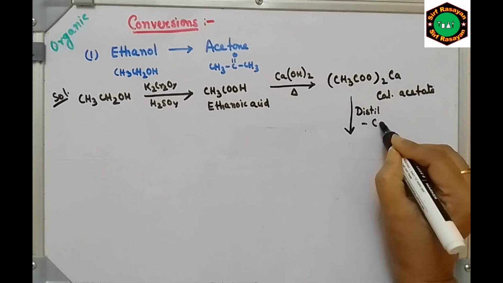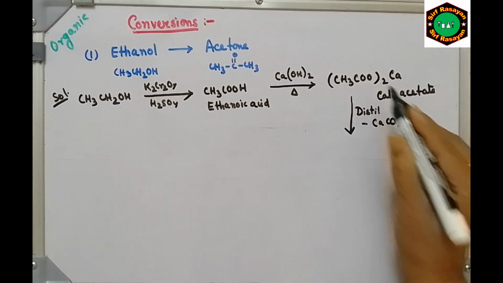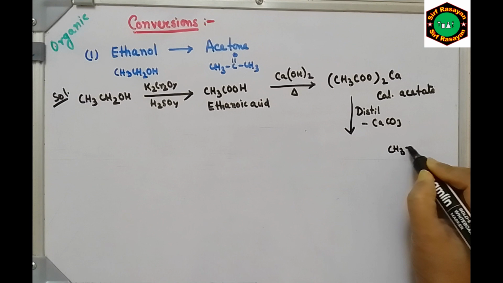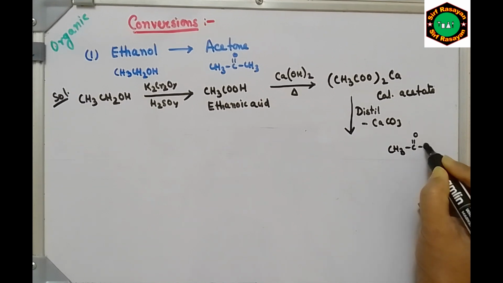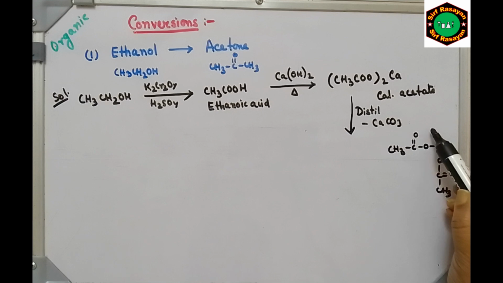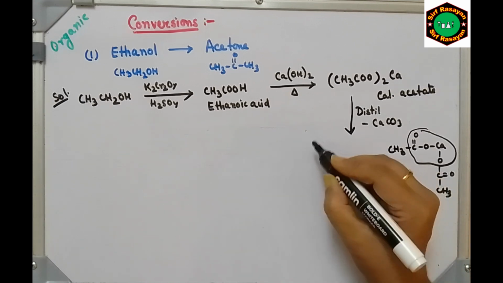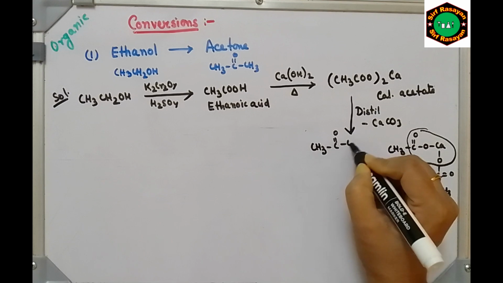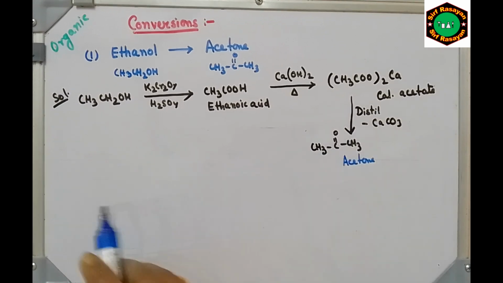Removal of calcium carbonate will take place. Now I am writing the structure here: CH3 C double bond O, O Ca O, C double bond O CH3. Removal of calcium carbonate, CaCO3, will take place and you will get acetone, CH3COCH3. So we are getting acetone.